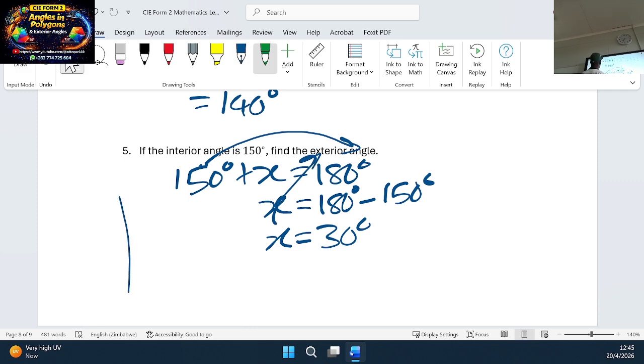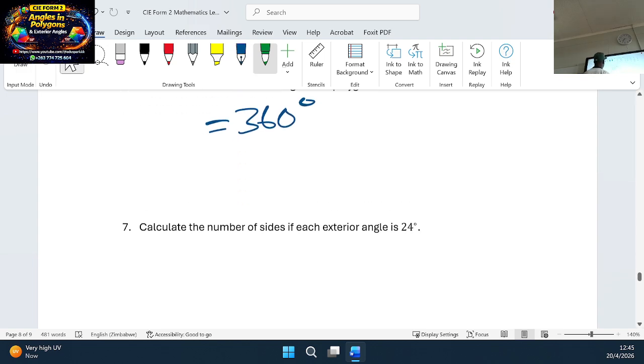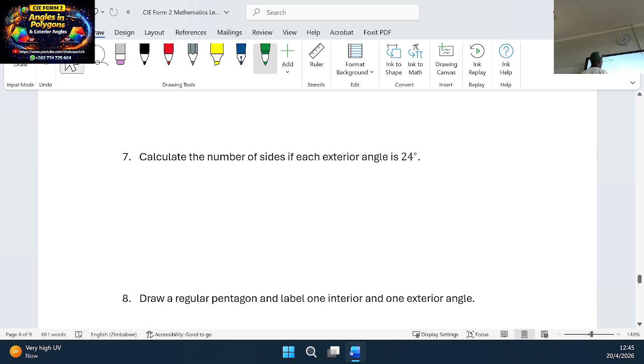Still moving to the next problem, number 6, state the sum of the exterior angles of a polygon. We said this one is a constant, it's always 360 degrees. Calculate the number of sides if each exterior angle is 24 degrees. So in other words, we're interested in the number of sides, but we have this exterior angle of 24 degrees.